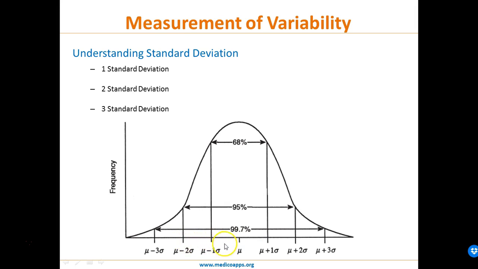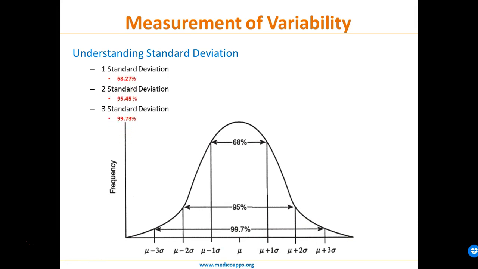This value, mu minus 2 standard deviations, is 2 standard deviations below the mean, and there is also 2 standard deviations above the mean. This will have 95% of the observations. And if you talk about 3 standard deviations, mu minus 3 and mu plus 3 standard deviations, this will have 99.7%.